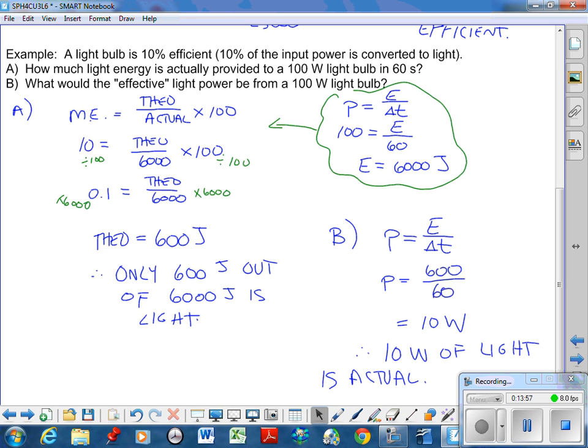It just meant that a 100-watt light provided what you'd hopefully get. Now, the new light bulbs, the CFLs and the LEDs, are hugely more efficient, in the range of 50+%, which means that more energy is being converted to light.